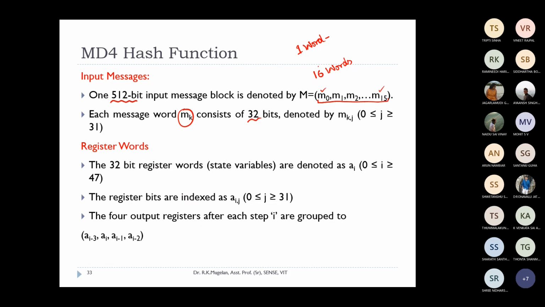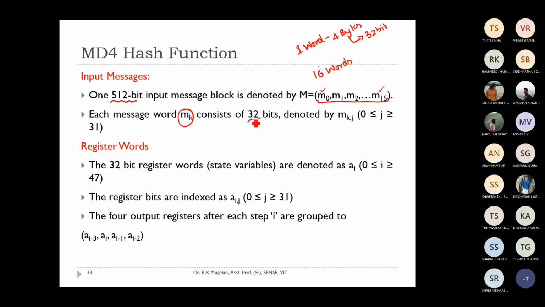If you remember properly, 4 bytes. Yes, 4 bytes. If you convert these 4 bytes into bits, I'll get 32 bits, because each byte is made up of 8 bits, so 8 into 4 gives 32.